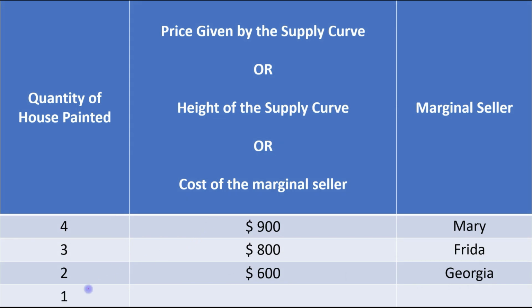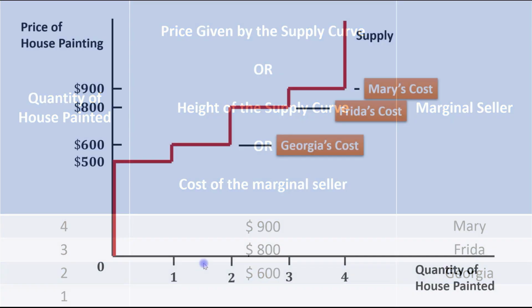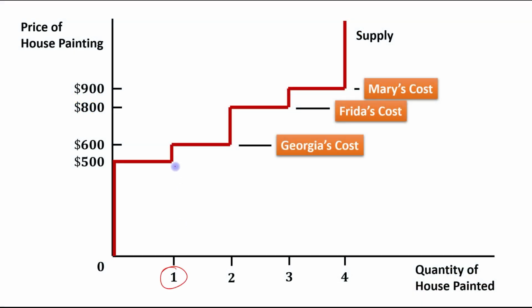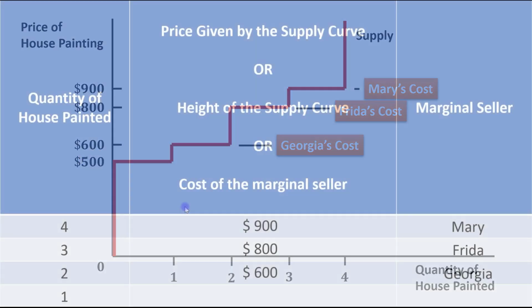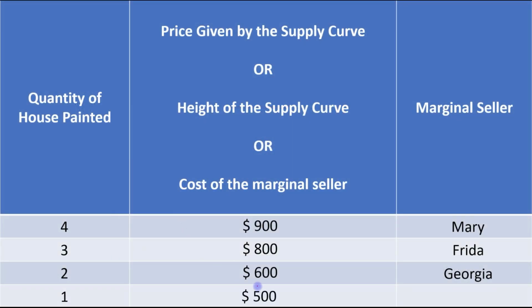Last case, when the quantity of house painted is 1, the height of the supply curve is $500. In this case the marginal seller is grandma, because if the price offered is less than $500, grandma will be the first one who will leave the market.